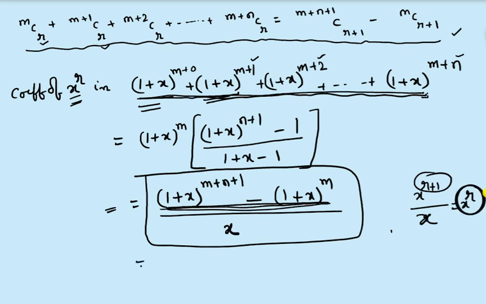So find out the coefficient of x to the power of r plus 1 here. Then what happens? What is the x^(r+1) coefficient? (m+n+1)C(r+1) minus mC(r+1). That is the required answer.